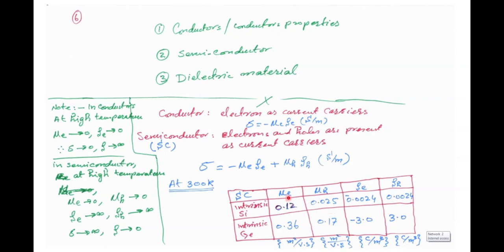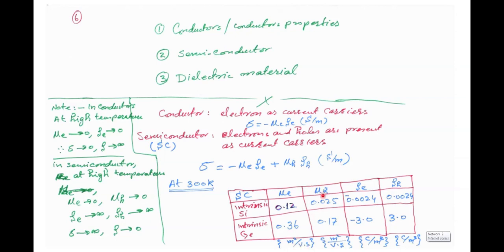The electron mobility of pure silicon at 300 Kelvin is equal to 0.12 square meter per volt second.